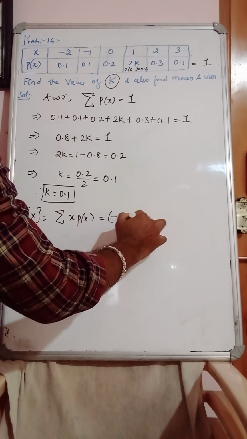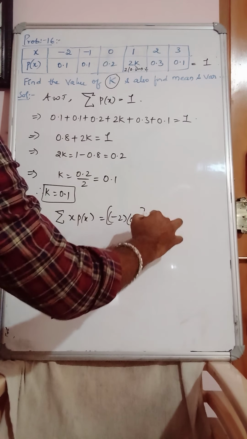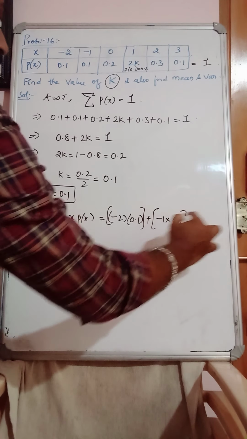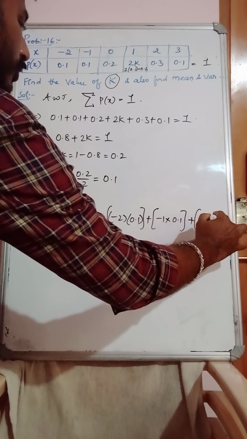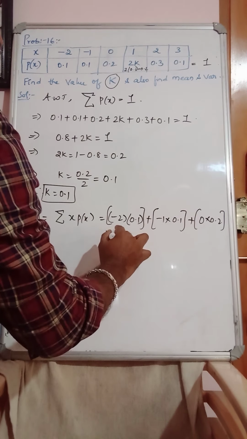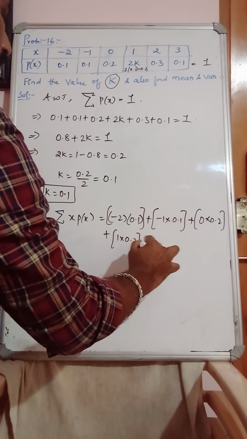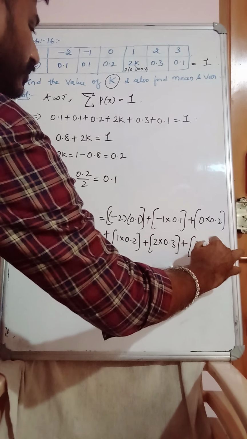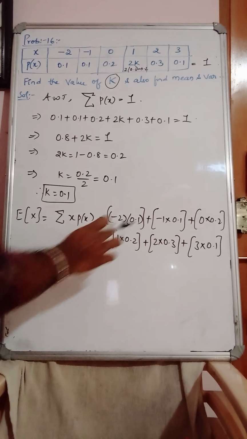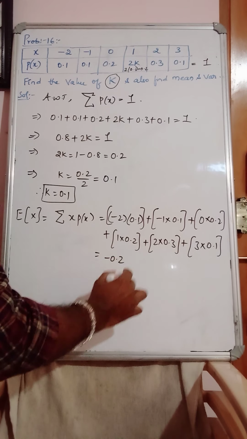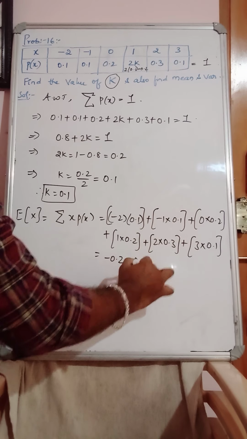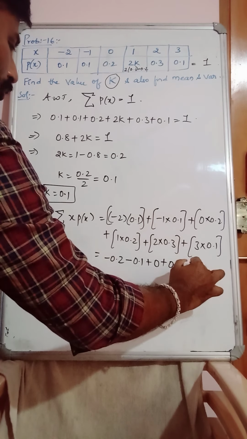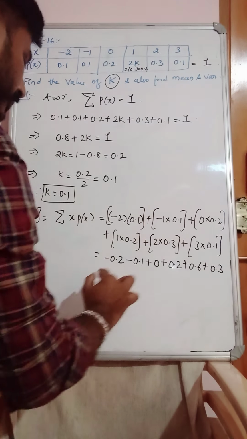Minus 2 into 0.1 plus minus 1 into 0.1 plus 0 into 0.2 plus 1 into 0.2 plus 2 into 0.3 plus 3 into 0.1 equals minus 0.2 minus 0.1 plus 0 plus 0.2 plus 0.6 plus 0.3.